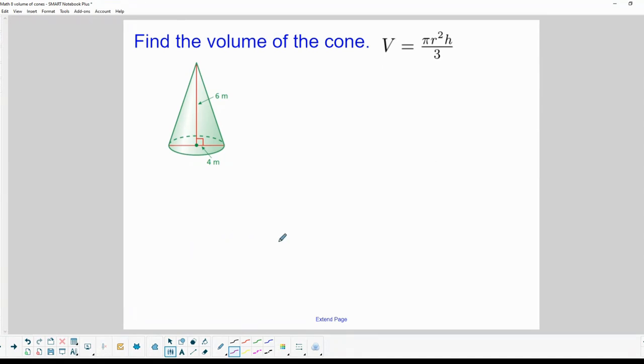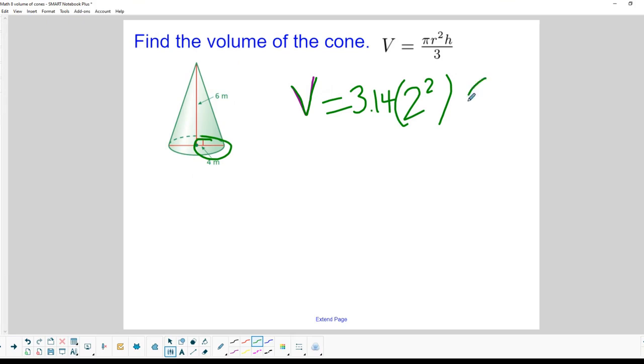Okay, let's try another one. For the volume of this cone, let's go ahead and use a green color since the cone is a green color. The volume equals 3.14 times the radius, which is half of this diameter here, so times 2 squared, times the height, which is 6, then divide all of that by 3.